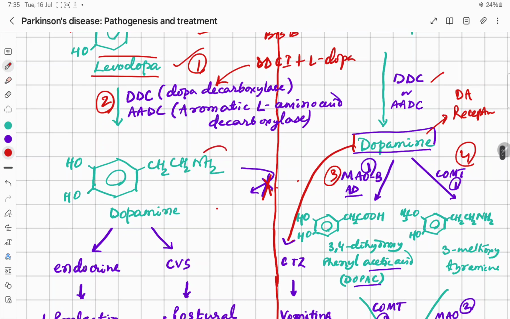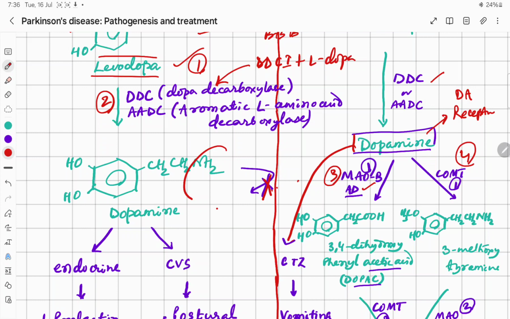Oxidative deamination will be there and it will be converted to CH2CHO aldehyde. Then by aldehyde dehydrogenase it will be converted to acetic acid. So 3,4-dihydroxyphenyl acetic acid, or DOPAC, from dopamine will be formed by MAO.